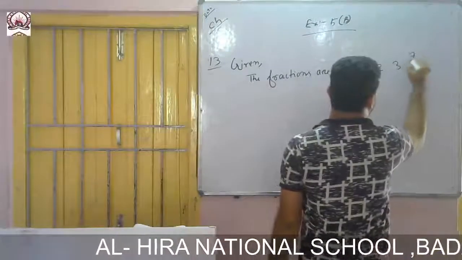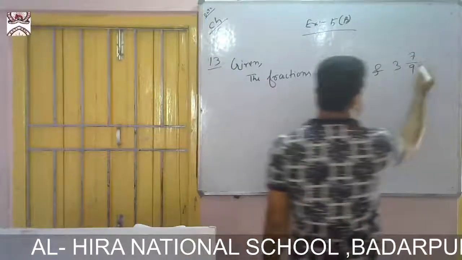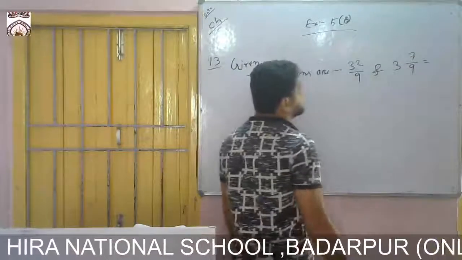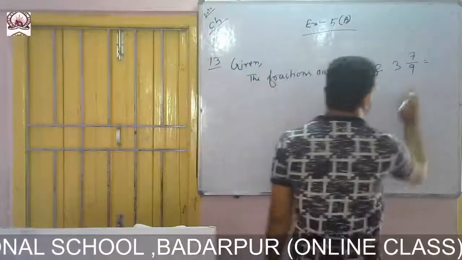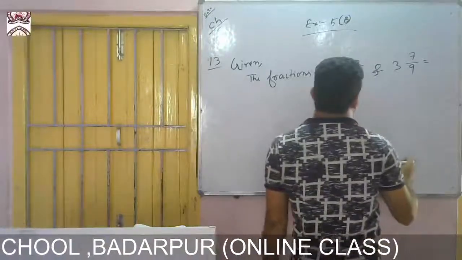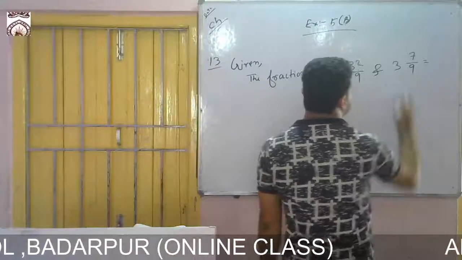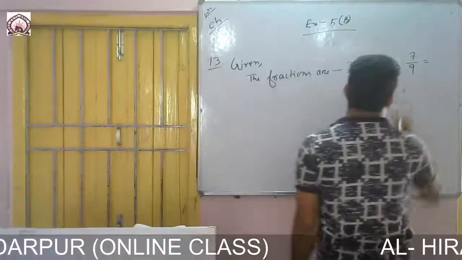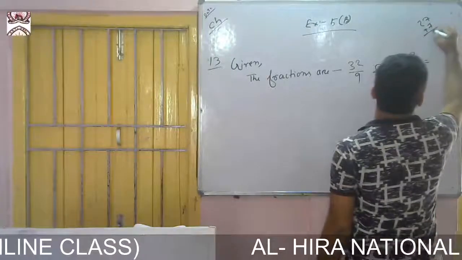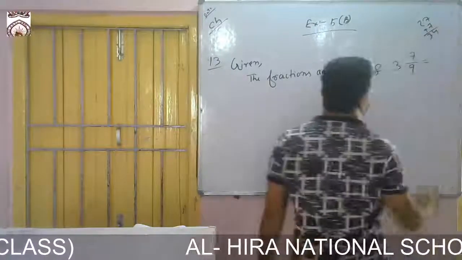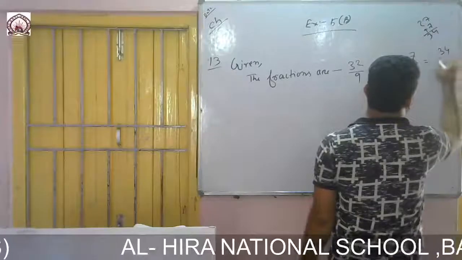If I take them into improper fractions, then 3 nines are 27, 27 plus 7 is 34, so 34 by 9.